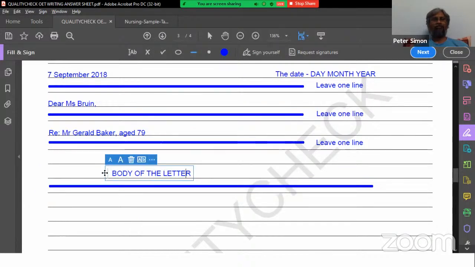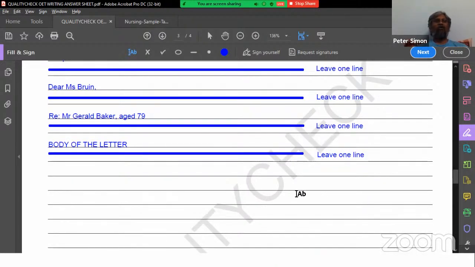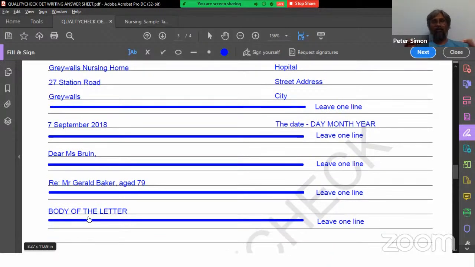No problem. So next, body of the letter is done. So we have seen here 1, 2, 3, 4, 5. Body of the letter, let's see later.